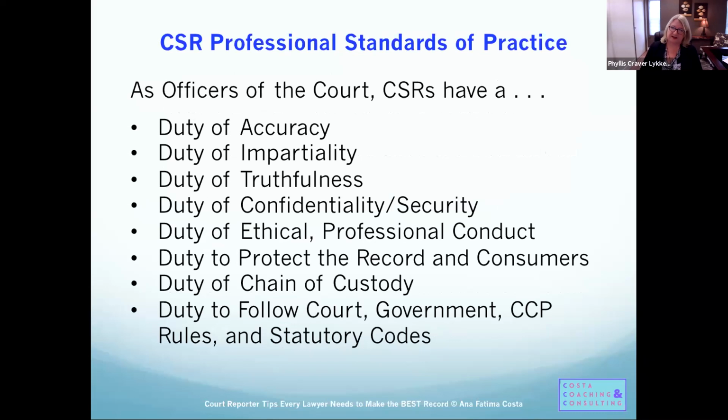And CSRs have professional standards of practice. Again, all states are slightly different, and the National Court Reporters Association has their standards as well.